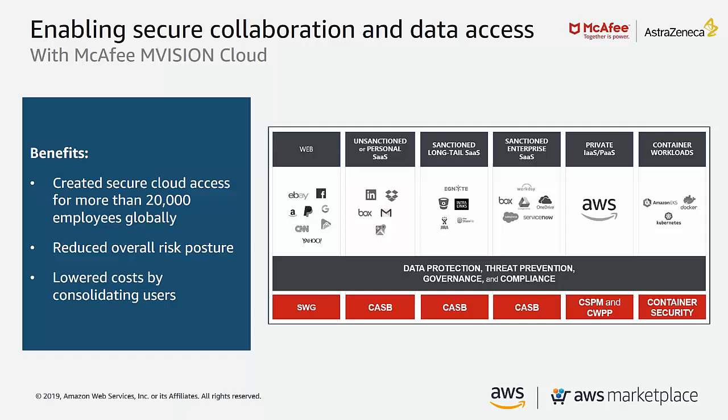McAfee eliminated the friction and increased data accessibility by offering secure cloud access for about 20,000 employees globally. They were able to ensure compliance with the various industry regulations they have to meet, as well as internal policies, through their enforcement of multiple DLP policies against the Box service.